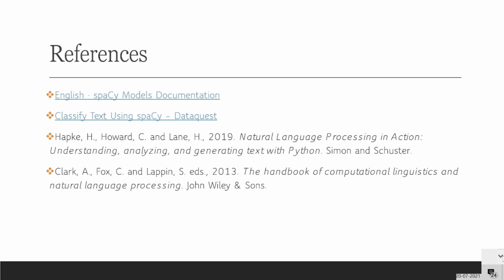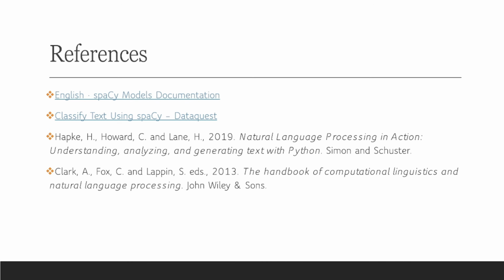Okay. So the references used in this implementation and some theoretical knowledge are listed here. The spaCy model documentation and some Dataquest examples, and then the book used here is Natural Language Processing in Action, which talks about the pipeline and how it varies across different applications.